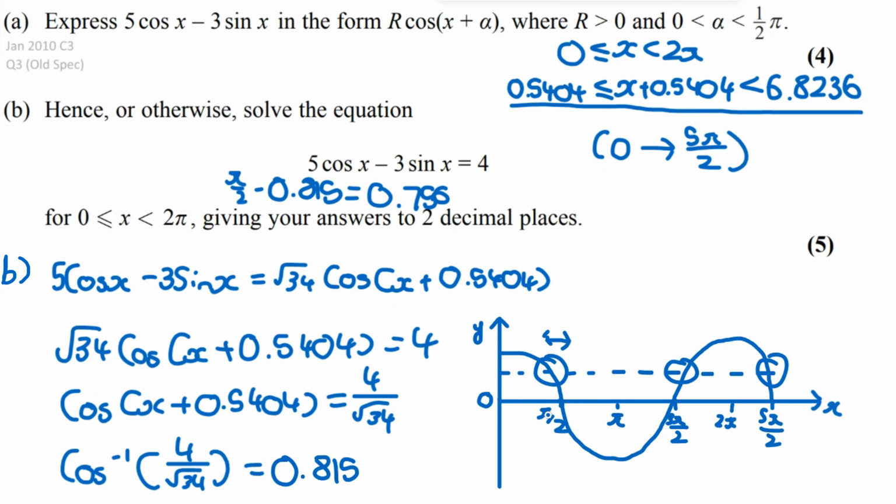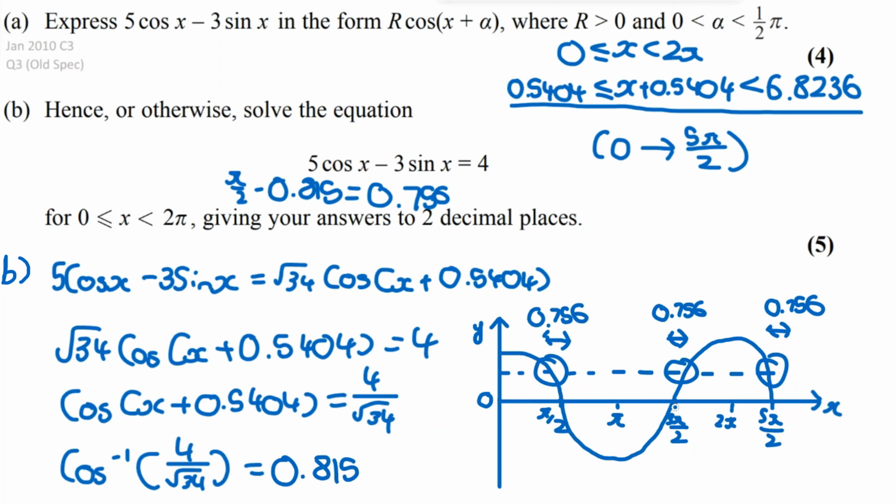0.756. So the difference between pi over 2 and this point here is 0.756. So therefore the difference between 3 pi over 2 and this point is also 0.756, and the difference between this 5 pi over 2 and this point is also 0.756.